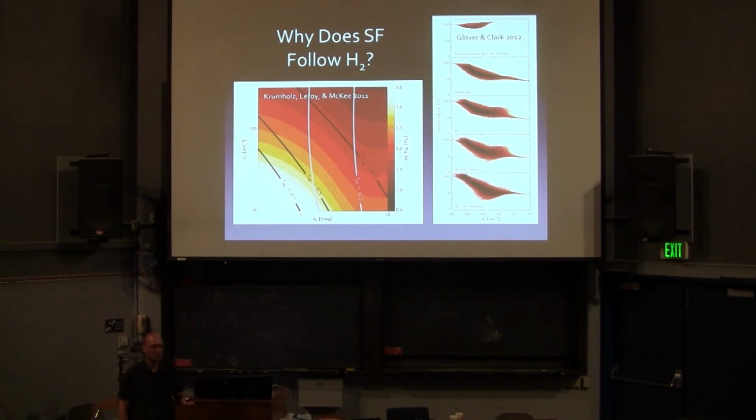The reason I would propose, and I should be clear, not everyone would agree with this, but I think it's probably the most accepted explanation, is that ultimately what matters is dust shielding. I need to attenuate the FUV radiation in order to get a cold star-forming phase. If the gas is being blasted by FUV radiation, it won't be cold enough to go into gravitational collapse and form stars. So I need to get rid of the FUV photons, and ultimately what does that is dust grains.